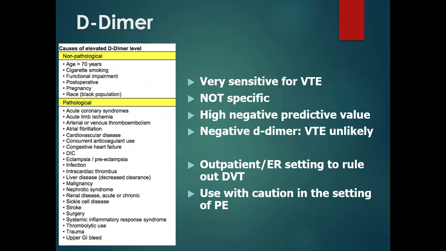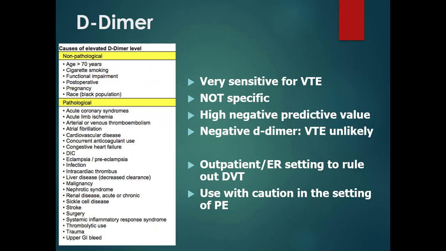cause a positive D-dimer. So when the D-dimer is positive, it's not very useful in the setting of acute DVT, but it has a high negative predictive value. So if you have a patient like this with a hugely swollen leg that doesn't have any other explanation and the D-dimer is negative, that makes the diagnosis of DVT unlikely.